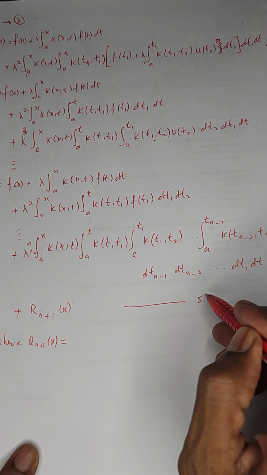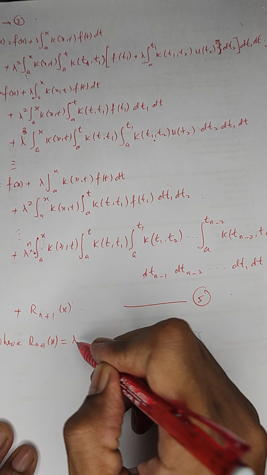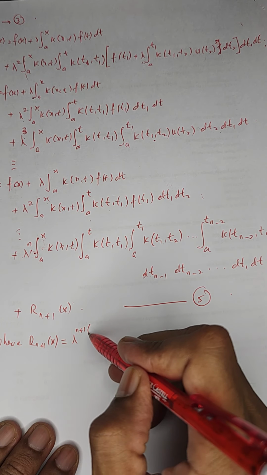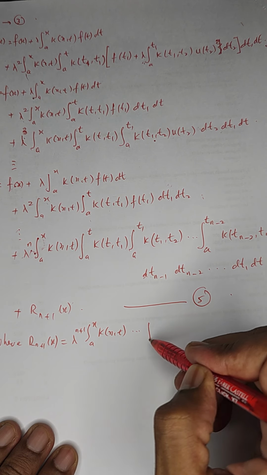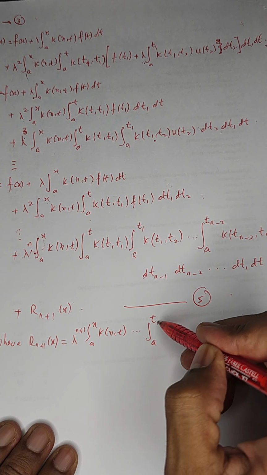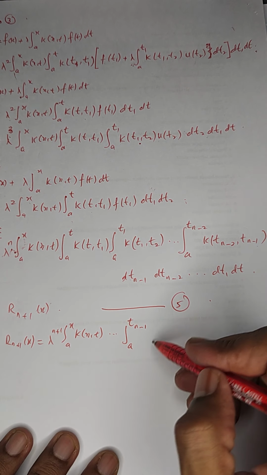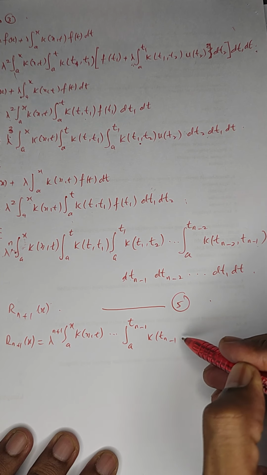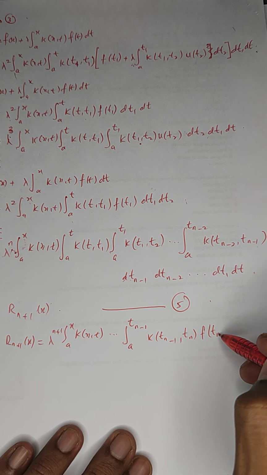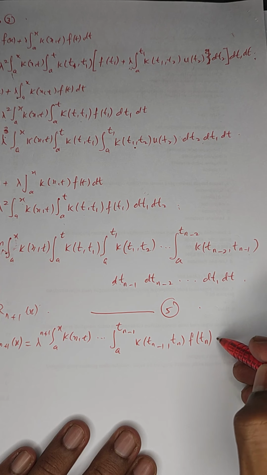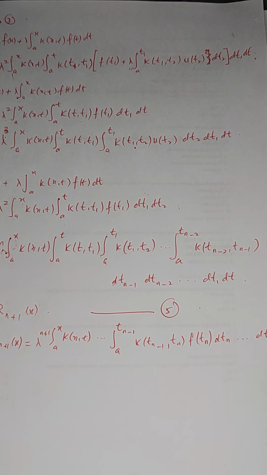Let's call this equation number 5, where R(n+1)(x) equals lambda to the n plus 1, the integral from a to x of k(x,t), and so on until we have the integral from a to t(n-1) of k(t(n-1),t(n)) f(t(n)) dt(n), and so on, dt1 and dt.